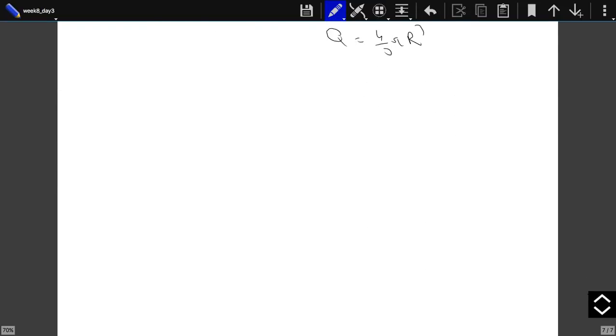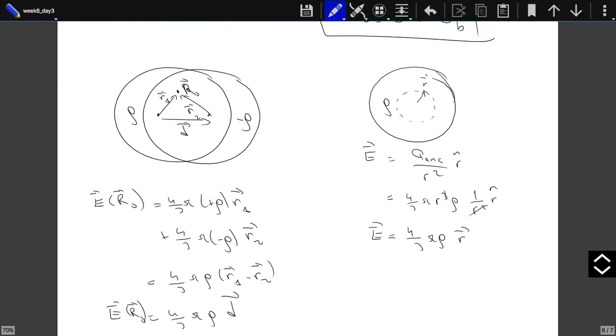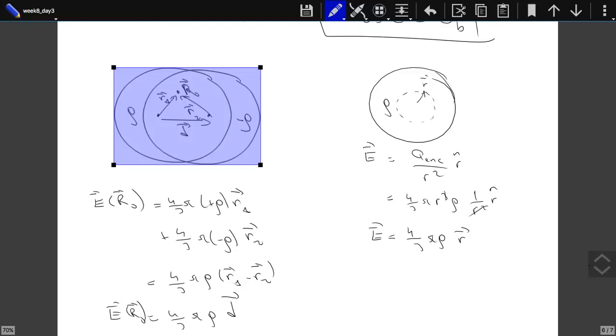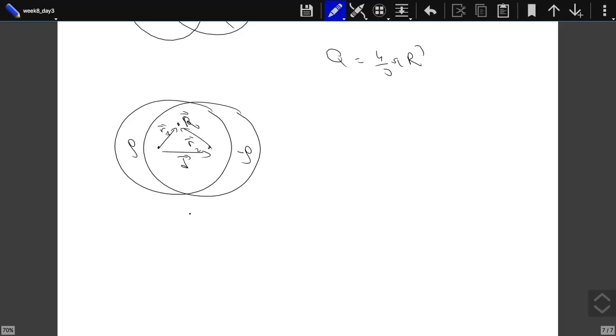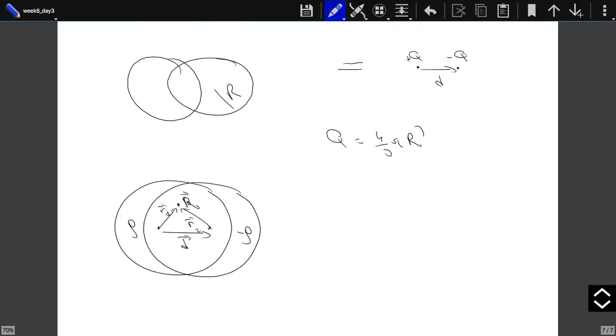To relate the two, you see this problem, well, in the intersection region, there is no charge. Only at the non-intersecting regions we have charge. We can convert it to a surface charge.